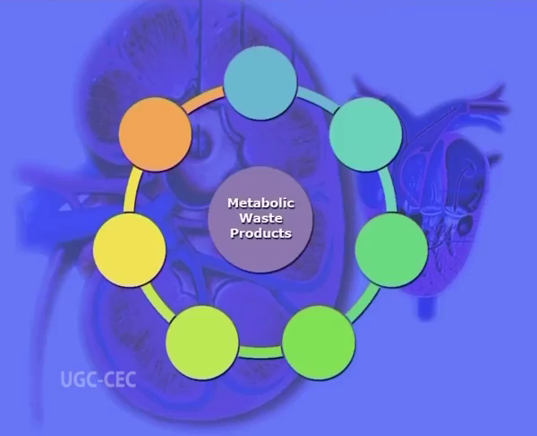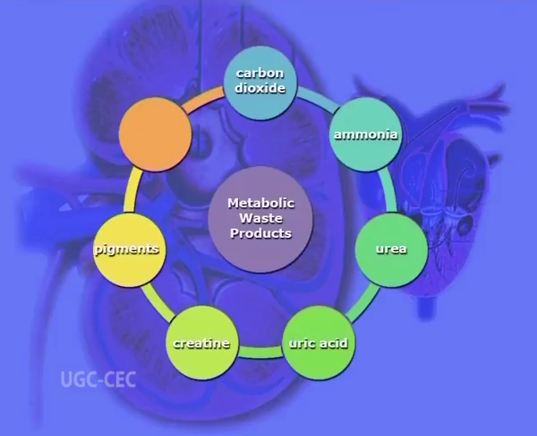The end products of metabolism include carbon dioxide, ammonia, urea, uric acid, creatinine, pigments and inorganic salts. The elimination of carbon dioxide is taken care by the respiratory system. Rest of the excretory products are eliminated by our excretory system.